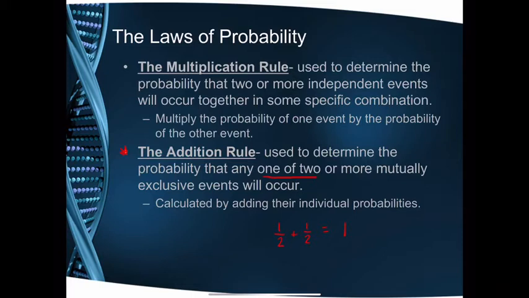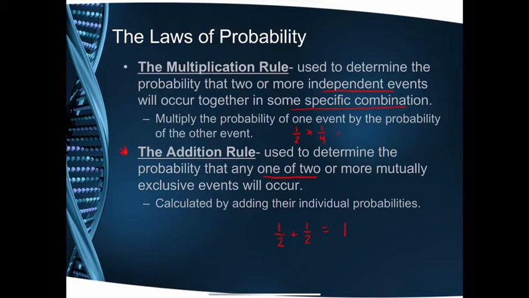one of those options, and so we add those probabilities together. The multiplication rule is a little bit different, because we are looking at independent events and that they're going to happen in a specific combination. And so we multiply the probability. Let's say, for example, the couple's going to have a baby and they want to know if it's going to be a boy. That would be 1/2, right? That's going to have a hitchhiker's thumb. If you do the Punnett square, maybe you find out that they have a 1/4 chance of having a hitchhiker's thumb.